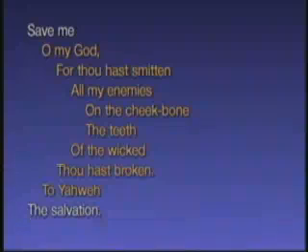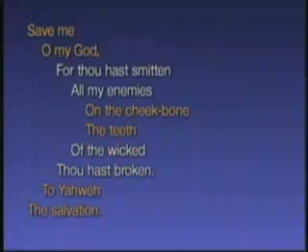You can see this graphically because save me and salvation, the first and the last, correspond with each other. God, in the first part, corresponds with the name Jehovah in the second half. In the first part, it's the enemies that are smitten. Notice the intensification that occurs in the second part, where it's the enemies who are broken, and the wicked who are broken.